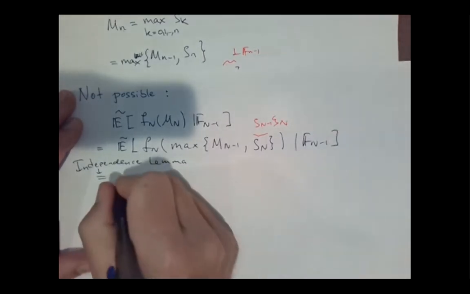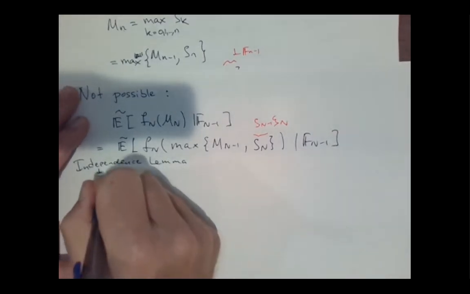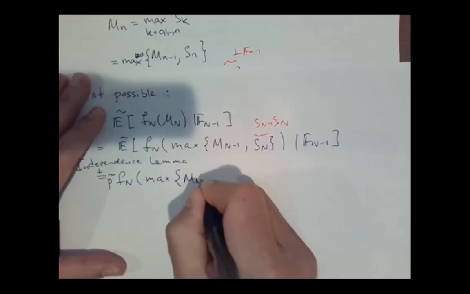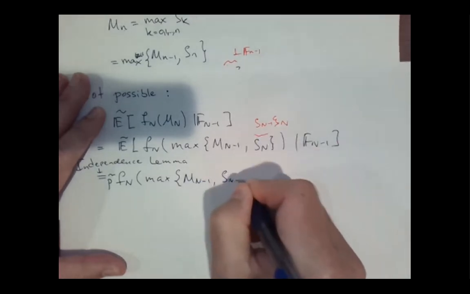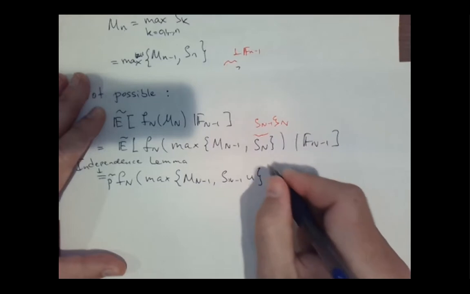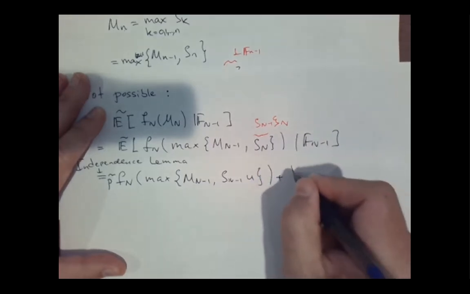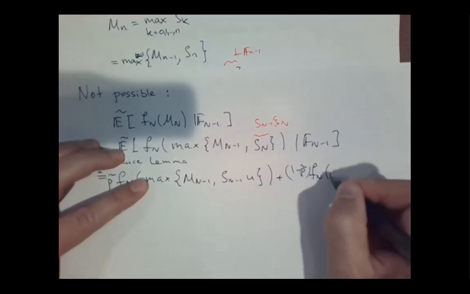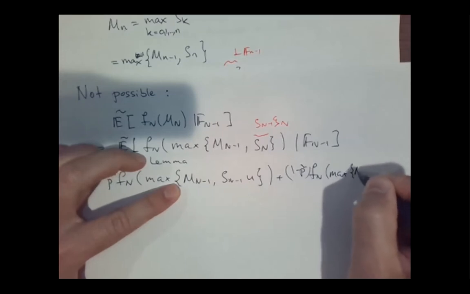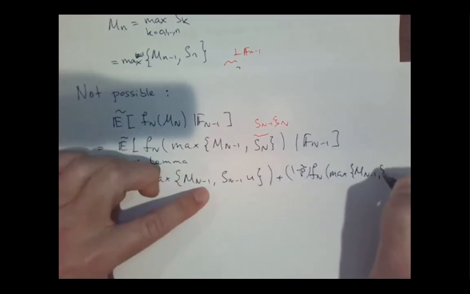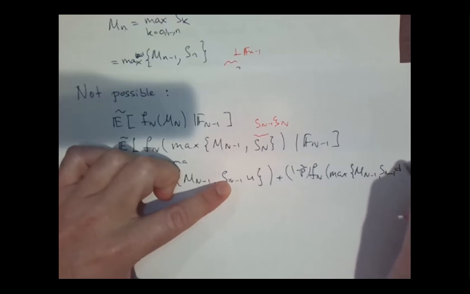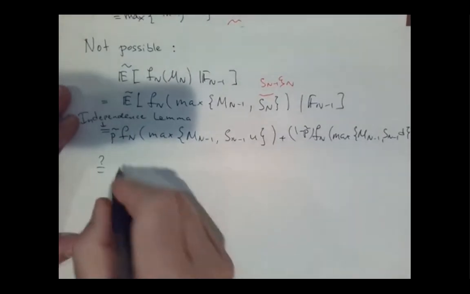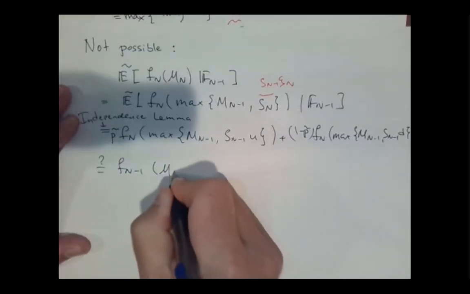So what I'm left with is Fn applied to the max of M_{n-1} and S_{n-1} times u, times p tilde, plus 1 minus p tilde times Fn of the max of M_{n-1} and S_{n-1} times d. And so the question is, is this equal to a function of M_{n-1}?